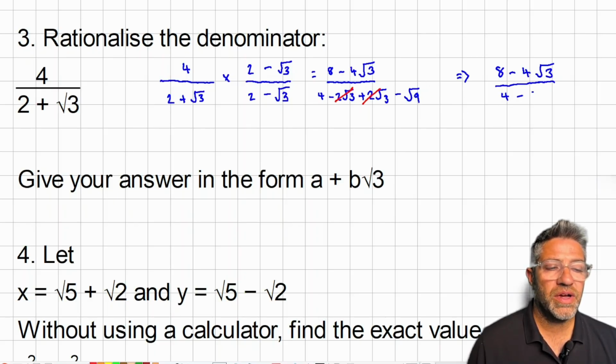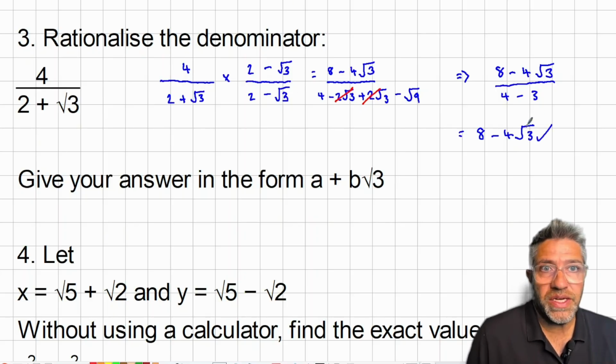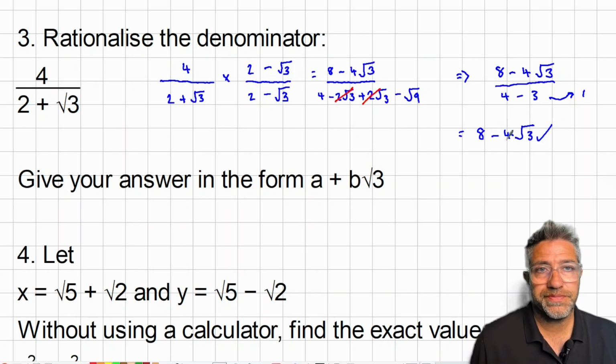The square root of 9 is 3. So that will leave us with 8 minus 4 root 3. Not only have we eliminated the surd in our denominator, we've rationalised, we've actually eliminated our denominator altogether. The reason being 4 subtract 3 is 1, and anything divided by 1 is itself.